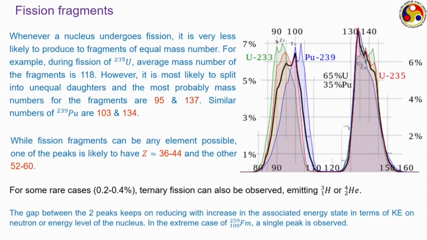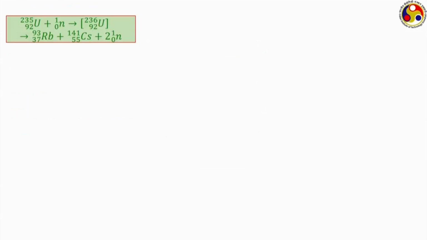That is, it is likely to produce two fission fragments having equal mass number. That means, as the mass number or energy level of the fissile nucleus increases, there are larger chances of having two identical fission fragments.